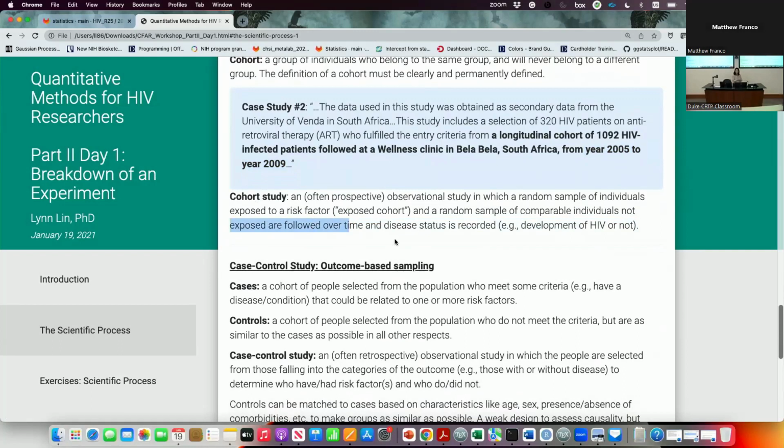So the idea is that you want to compare between those cohorts. Obviously, you're going to follow them to see their outcome. For example, whether they get infected by HIV or not, right? And then you want to compare these cohorts to see whether, for example, this particular risk factor, the exposed cohort, is an important indicator linking to, for example, the development of HIV, right?